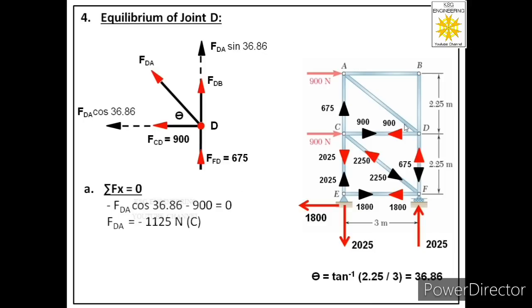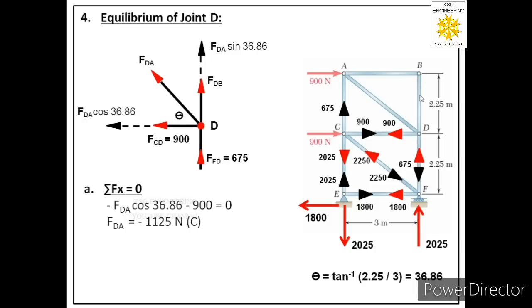Now we have to find forces in the other members, DB and AB. But over here you can see that these two members are zero force members, because these two are at 90 degrees to each other and there is no force acting at joint B where these two are connected.